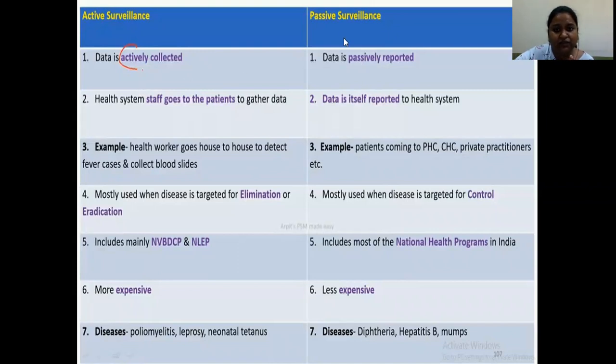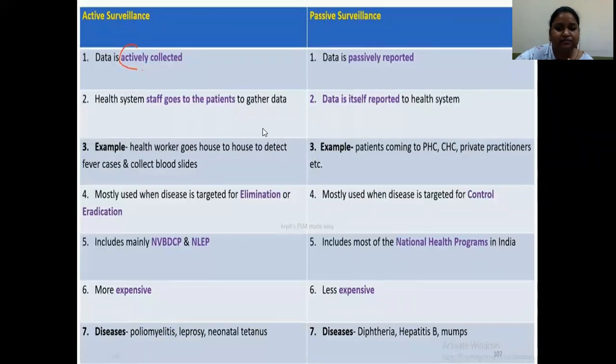The second is passive surveillance. Here we are collecting the reports passively. It means the data is reported by the health systems itself, in a passive form. As an example, for active surveillance, the health workers go house to house and detect fever cases.